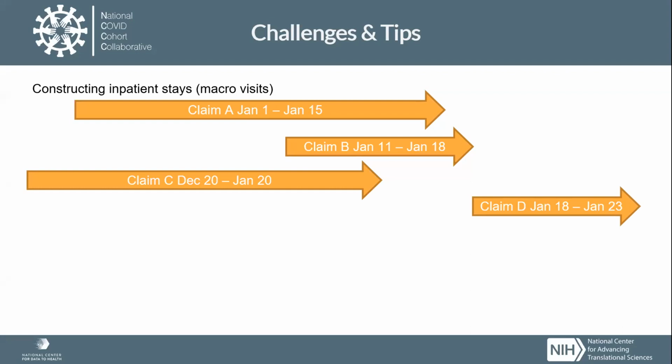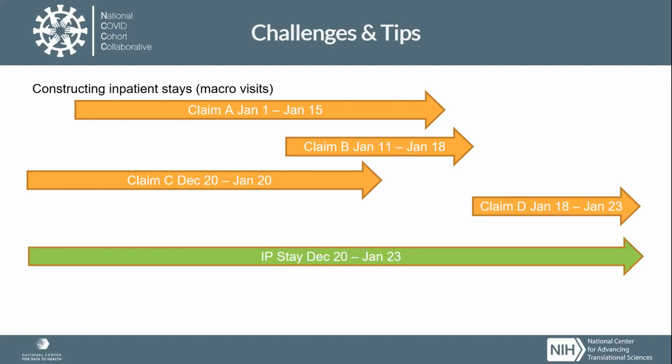There's some kind of overlap, and they're probably bills coming maybe from different units within a hospital. I don't know, anesthesia versus surgery versus internal medicine or something like that. And then that fourth one could be a totally different claim, an inpatient stay or not.